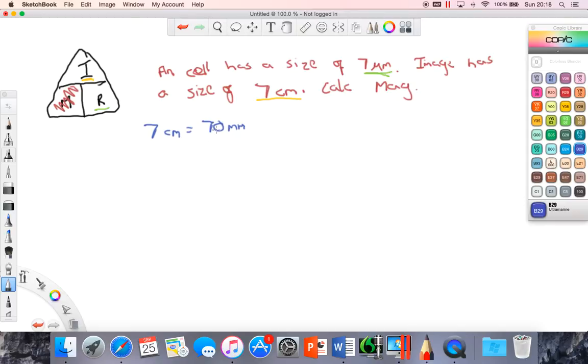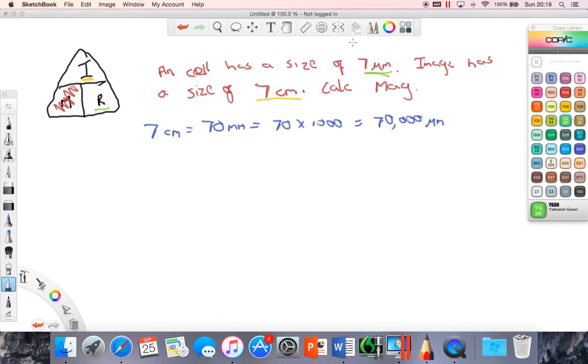And to convert 70 millimeters into micrometers, we need to times it by 1,000. So 70 times 1,000 gives us 70,000 micrometers.